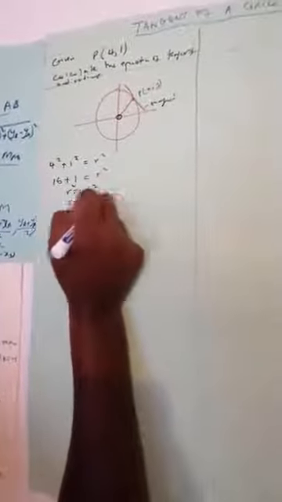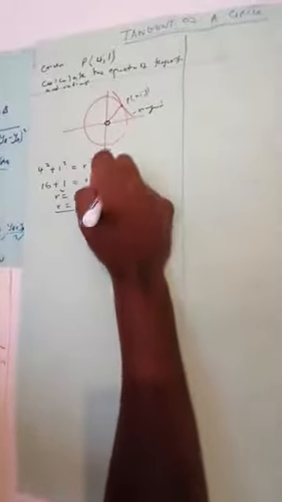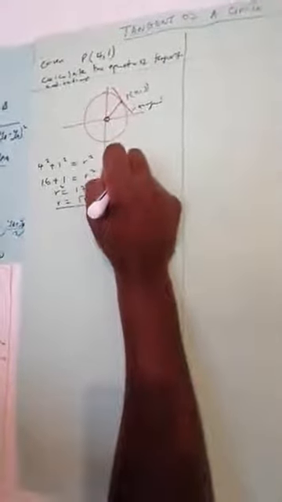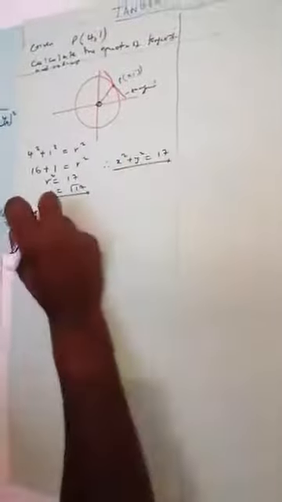So r is equal to the square root of 17. And then the equation of the circle is x squared plus y squared is equal to 17.